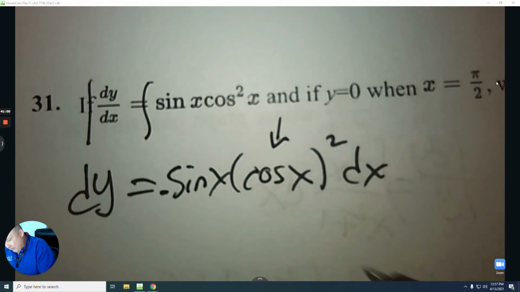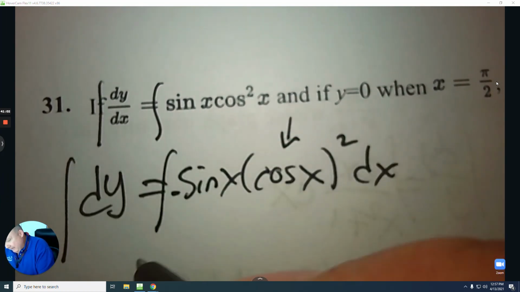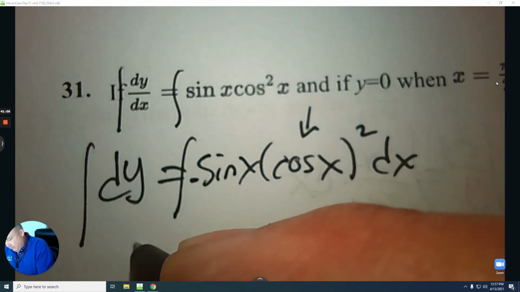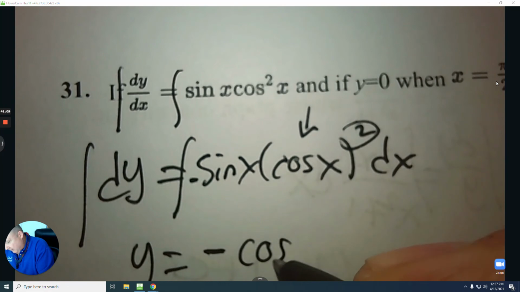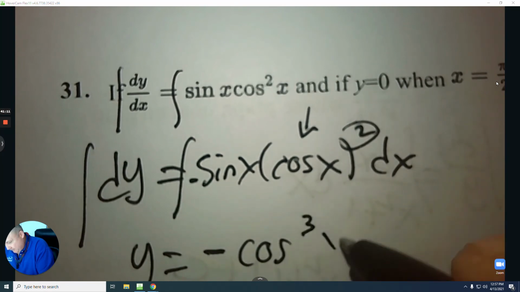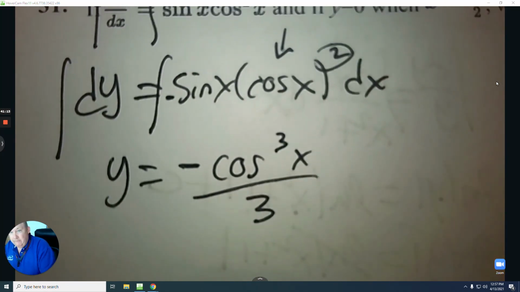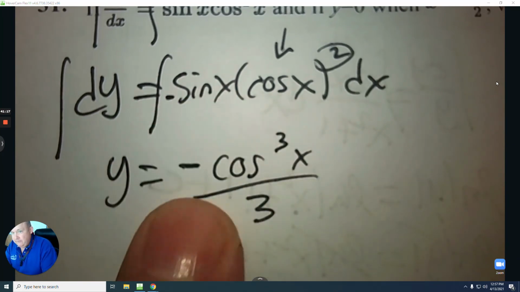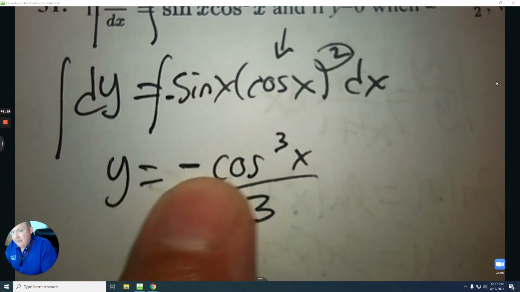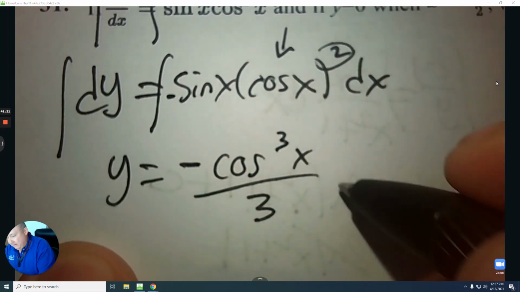So when I integrate this, I need a negative in front. So it's just a negative in front, and then I add 1 to the exponent and divide by that exponent. It does need to be negative because the hook needs to be negative, but sine is already there. And then you add 1 to the exponent and divide.